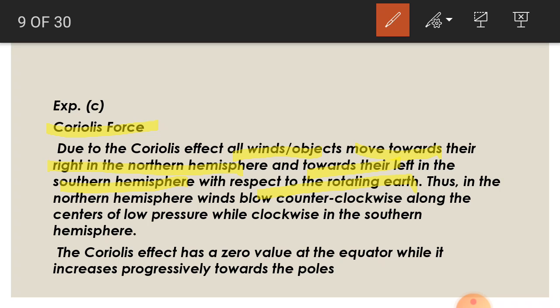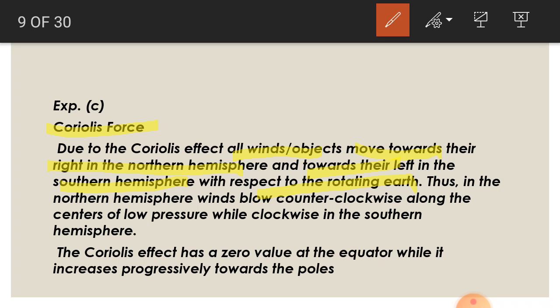If we are launching a spacecraft or rocket from the northern hemisphere or the southern hemisphere, then in the northern hemisphere it will move towards the right, and in the southern hemisphere it will move a little towards the left. So they consider it in their calculation and do some technical things so that they can launch their space vehicle according to their own goals.